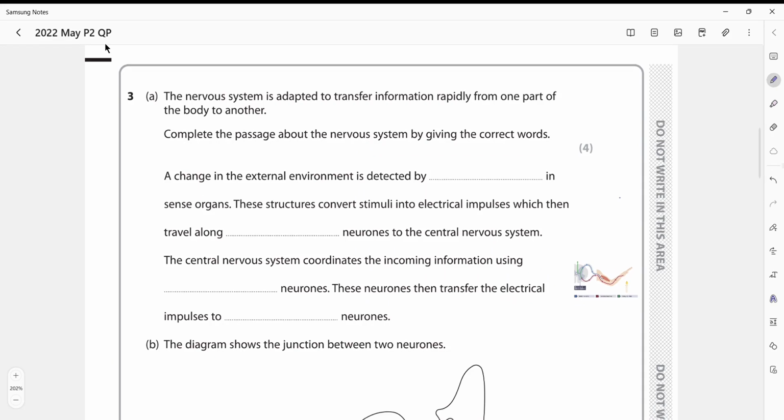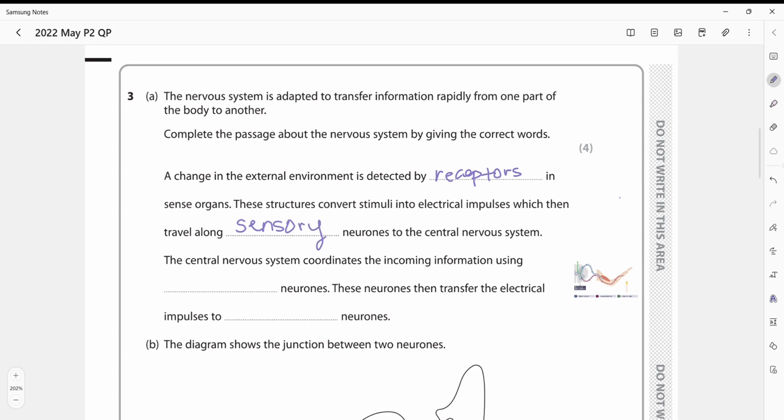A change in the external environment is detected by receptors in sense organs. So sense organs can be your skin, your nose, your taste buds, your ears, for example. These structures convert stimuli into electrical impulses, which then travel along the sensory neuron.